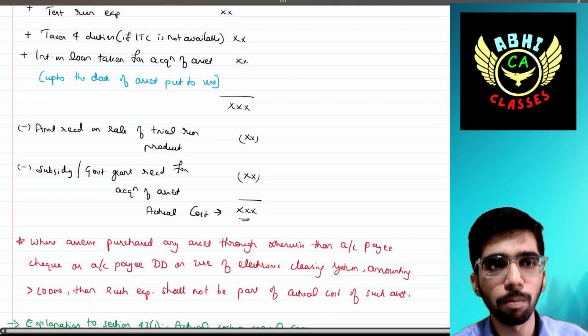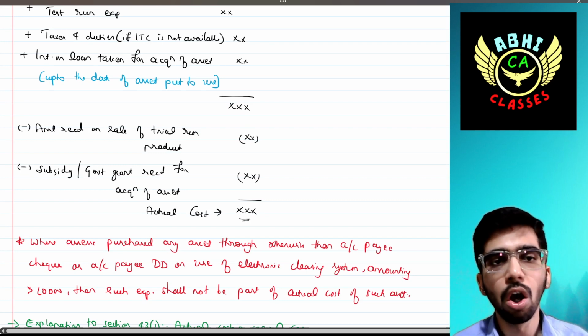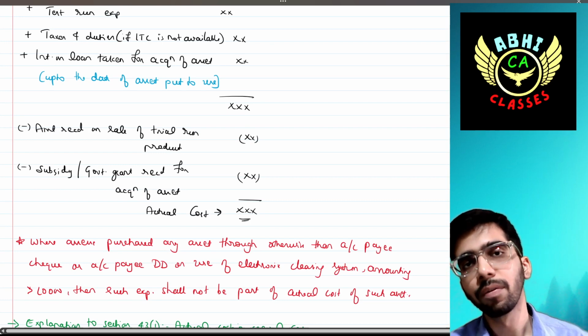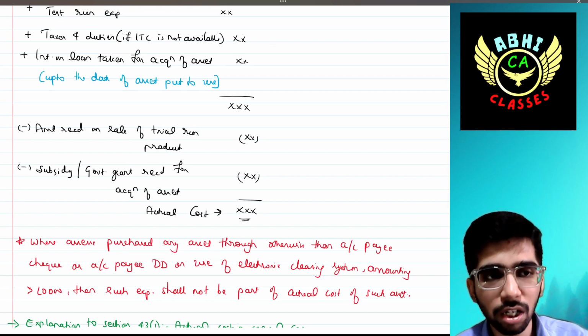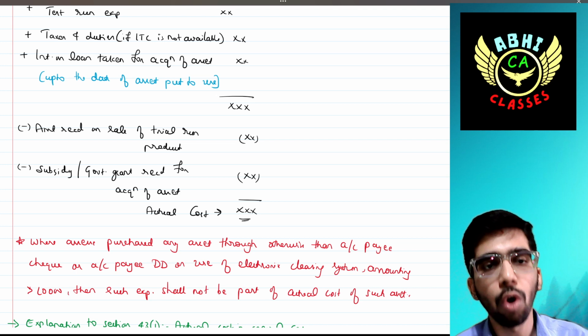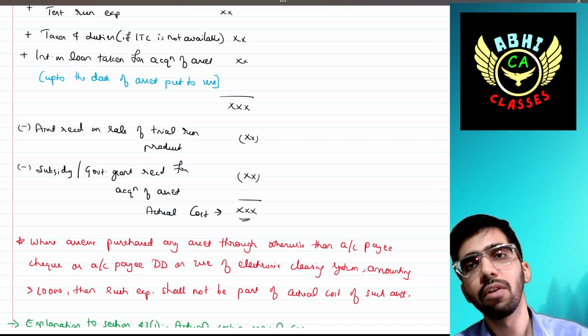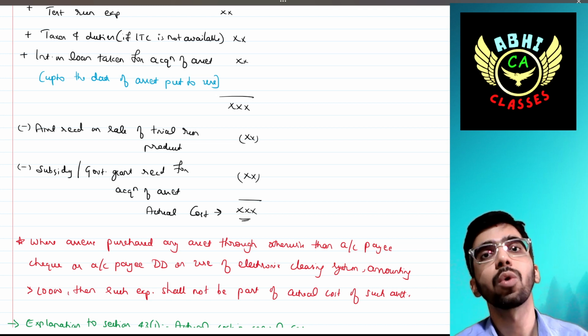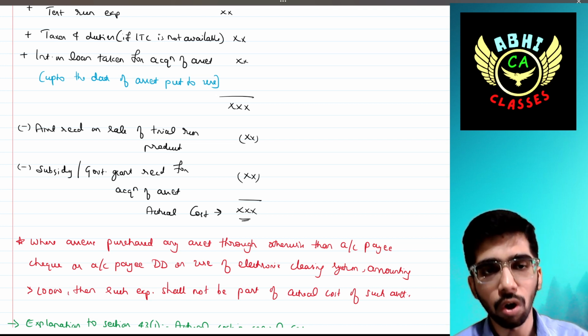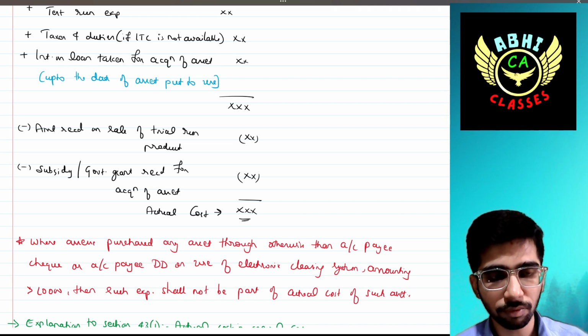It should be reduced by the amount received on sale of trial run product. If any trial run product is sold, that should be deducted. Then any subsidy or government grant received with respect to that particular asset also has to be reduced to arrive at the actual cost of the asset.